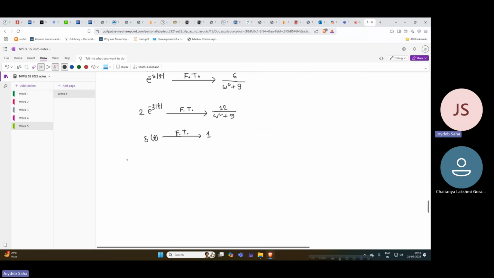So simply what we got, small g(t) is equal to delta t plus 2 e to the power minus 3 mod t. Fine.